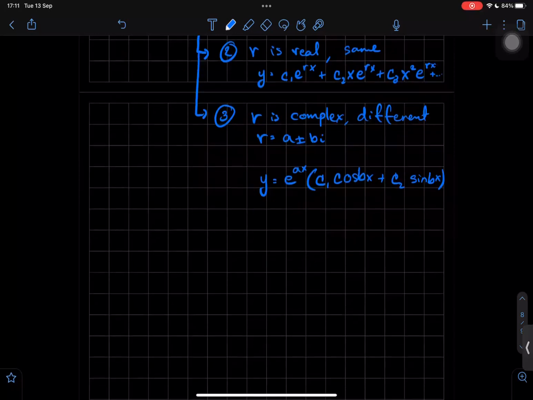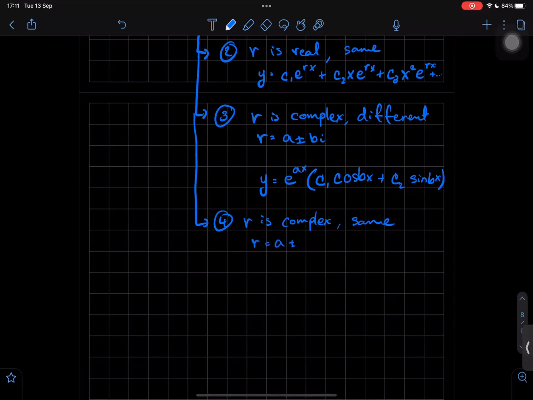In the last case, r is complex again and the same. The root is the same, r equal to a plus or minus bi. y will equal e to the ax, c1 cos bx plus c2 x cos bx, plus c3 sin bx plus c4 x sin bx, like this.